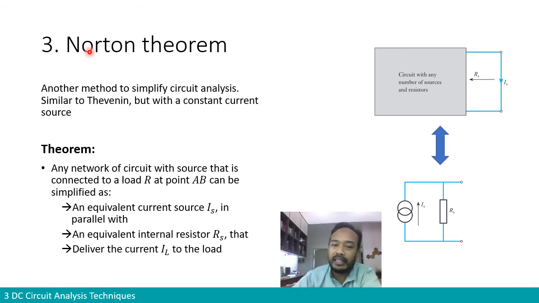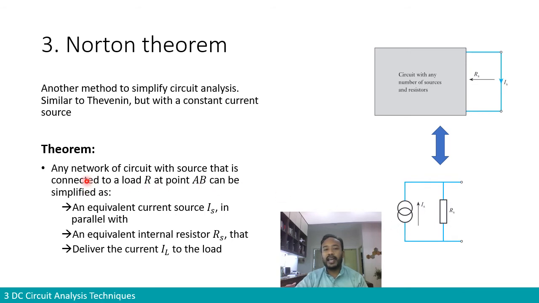Okay, so it is very similar to Thevenin, but instead of having a constant voltage source, we now have a current source. Here in the gray shaded area, the gray box, it might be a very complex circuit, but what we are going to do is simplify this complex network of circuit into an equivalent constant current generator.